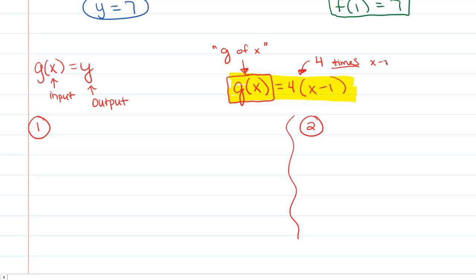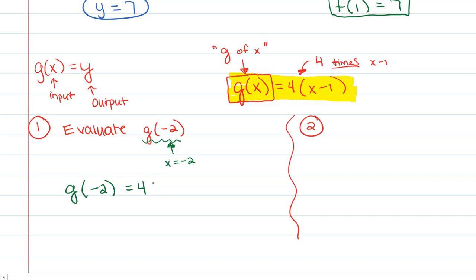Like before, let's solve for the output when we're given the input. That would look like evaluate g of negative 2. First thing I have to do is figure out what this is telling me. This says that x is negative 2. So I can say that g of negative 2 equals 4 times negative 2 minus 1. All I did was replace the x in my original equation with negative 2.